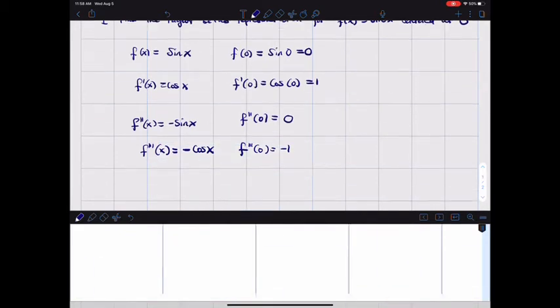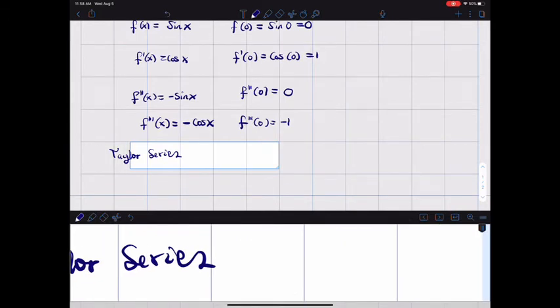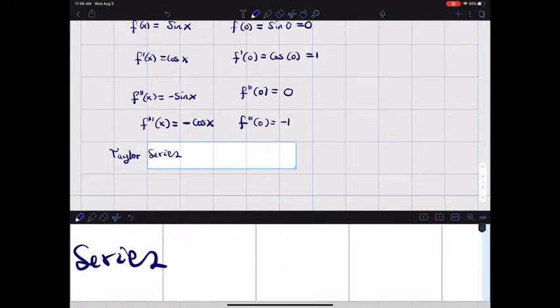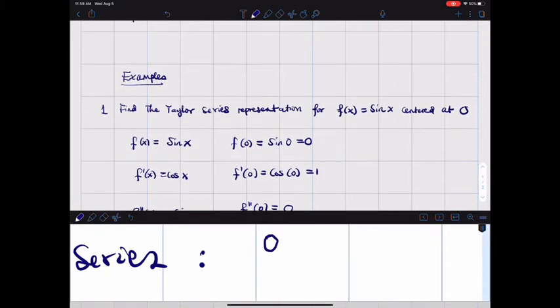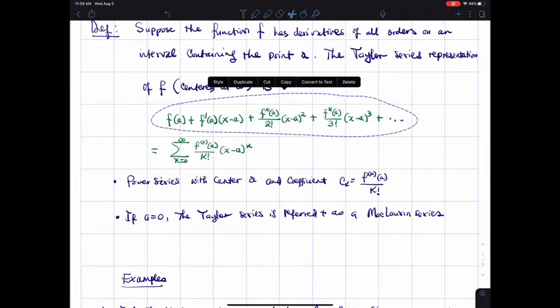Okay, so the Taylor series is thus 0. Remember what we're doing? I'm going to copy it and show you how it relates.